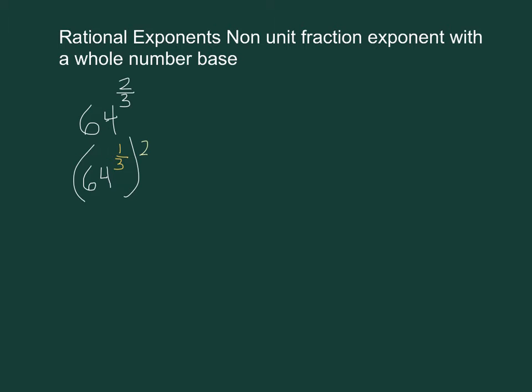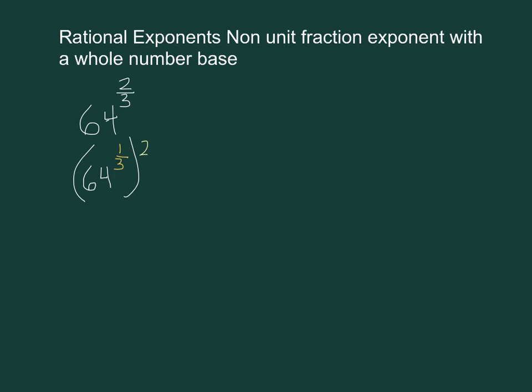What I really want you to notice here is that the 1/3 portion of the 2/3 comes to the inside of the parentheses, and the numerator of the exponent comes to the outside. Make sure that whatever your problem is, it looks like this: whatever your base number is to a fraction, and then this whole number will sit at the outside. So the denominator comes to the inside of the parentheses, and the numerator comes to the outside.